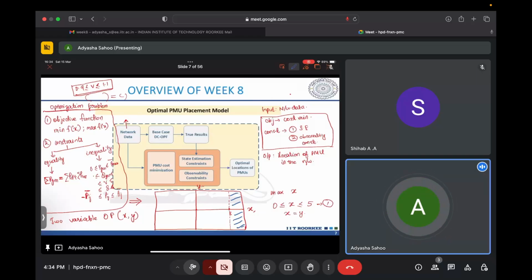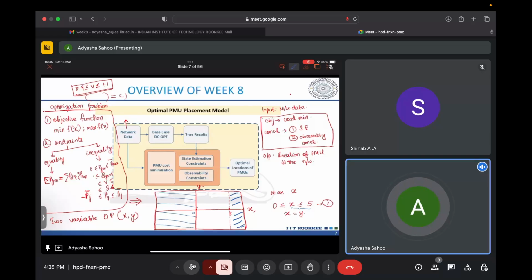Similarly, X is greater than 0. So this is 0. That means this complete region where X is negative is also cut off. That completes your equation 1.